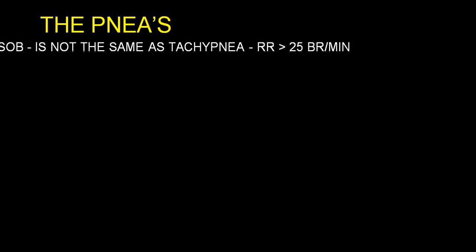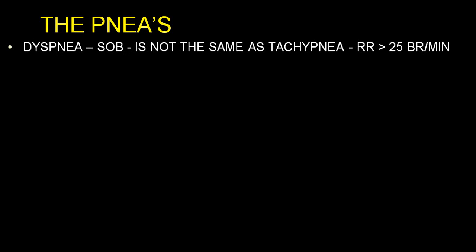There are a few words which are very frequently asked in your oral regarding apnea or pnea. Dyspnea, you know, whenever the person is complaining of shortness of breath, we call it dyspnea. Bradypnea means decrease in the respiratory rate, less than 8, while tachypnea means increase in the respiratory rate.